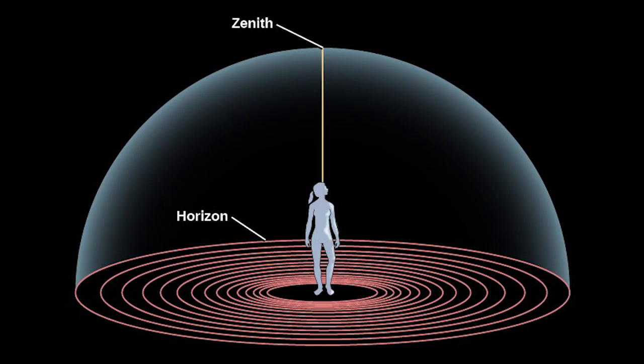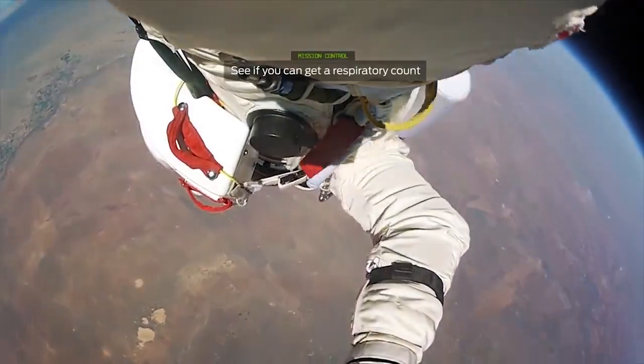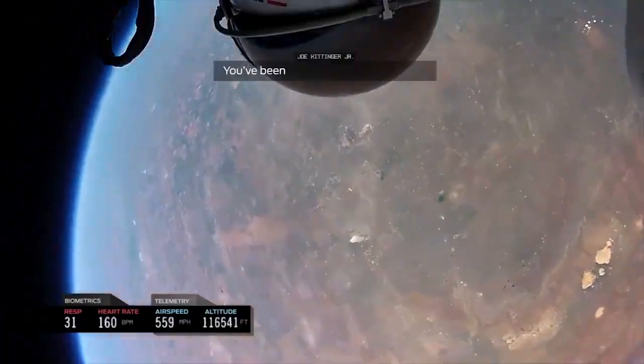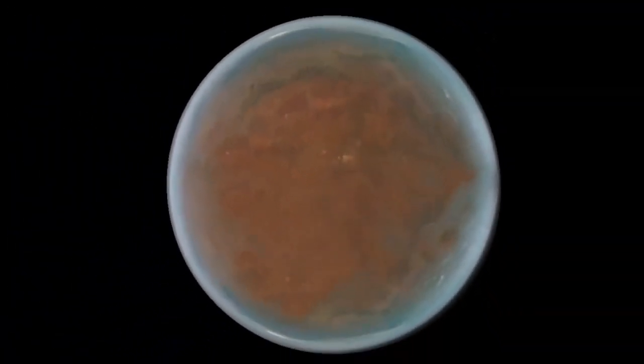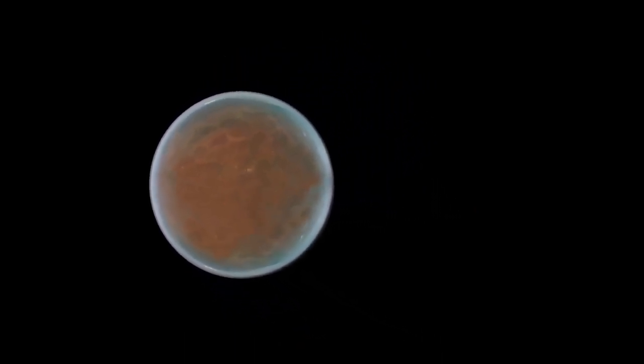You can't see the blackness of the stratosphere because you're too low, but if you go to 24 miles elevation with Felix, you can now see the blackness around you, and you can also see your visible circle beneath you. Keep going up, and that circle will get smaller and smaller.